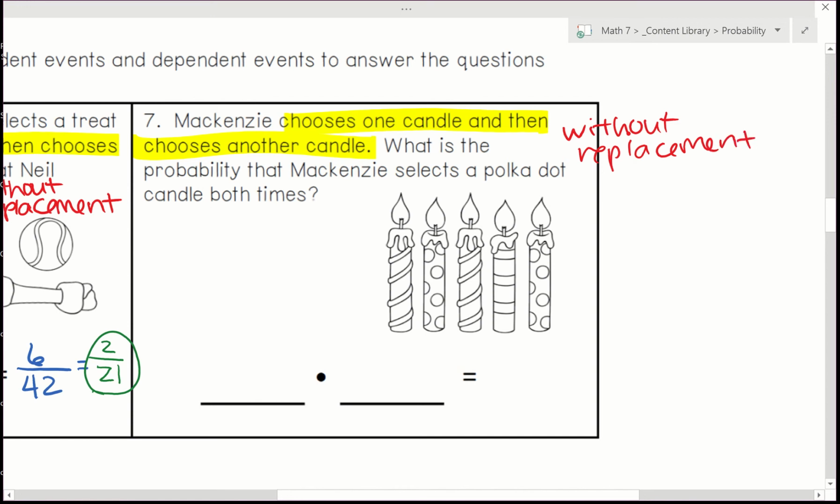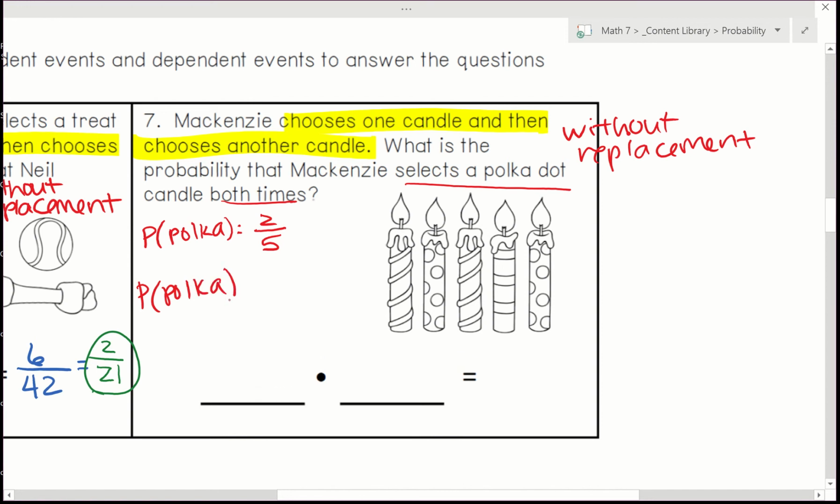Okay, so she selects a polka dot candle both times. So probability of a polka dot candle, well, there are 2 of them out of 5 candles.